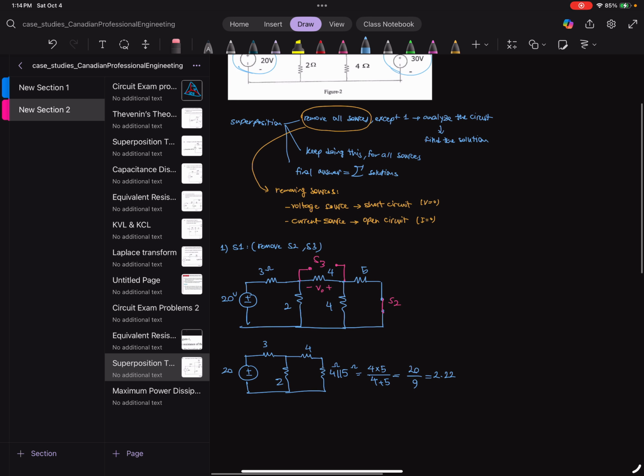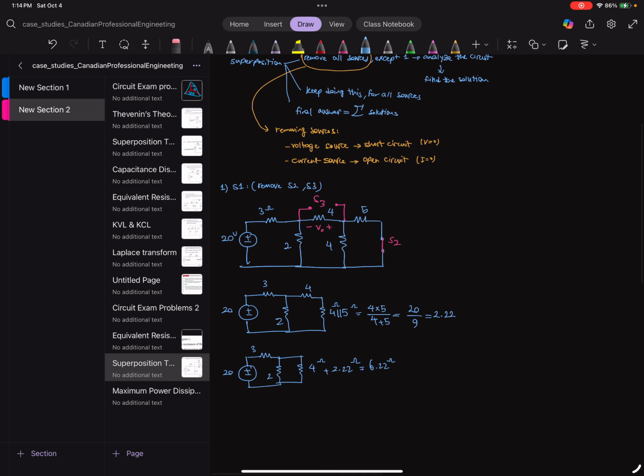Okay, then that is in series with the 4 ohm. So then step 2, we do another circuit model. 2 ohm, and then here we have the 4 ohm plus 2.22 ohm, which is 6.22 ohm.